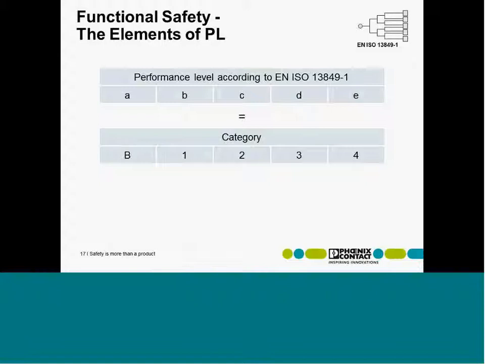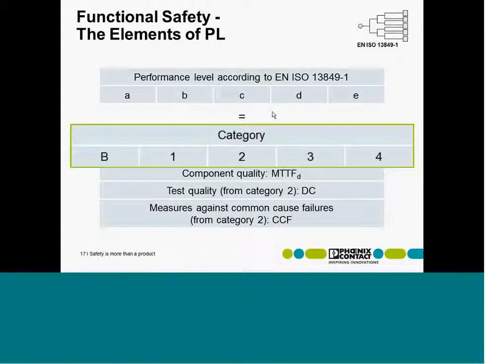The first parameter which has an impact on the performance level in accordance with ISO 13849 is the category. The category has 5 levels: B, 1, 2, 3, and 4.